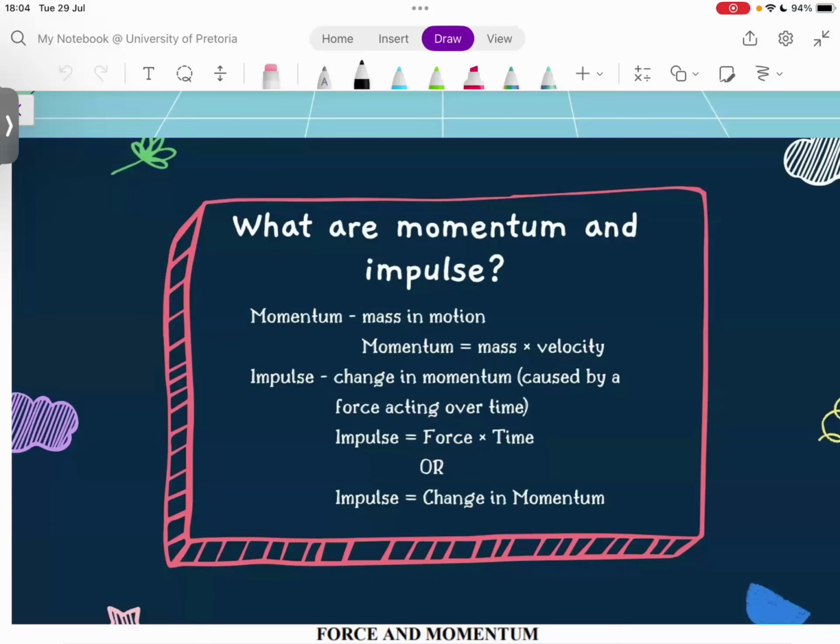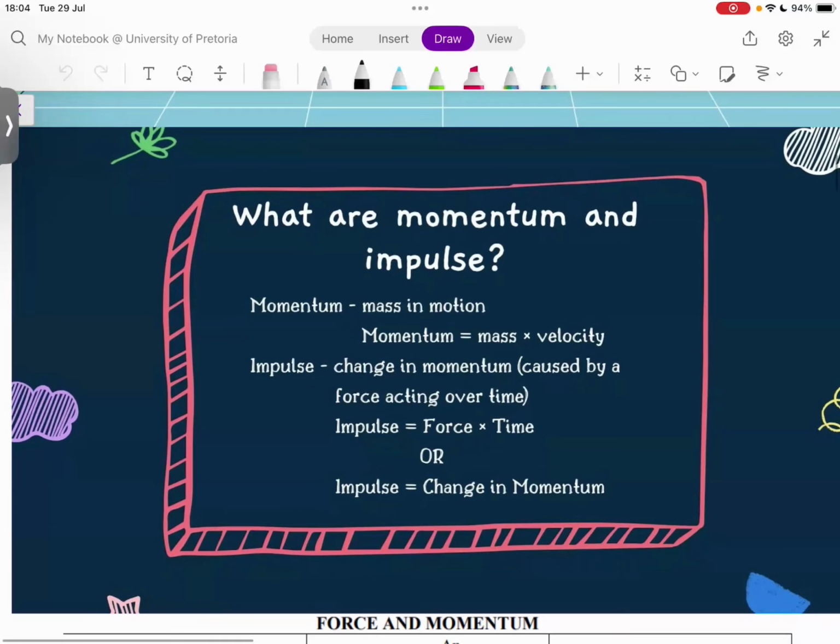Impulse, on the other hand, is a change in momentum, usually caused by a force acting over time. The best example that I can give would be, consider cricket players. When they want to catch a ball, they move their hand with the motion of the ball to reduce the force and the likelihood of it bouncing back.